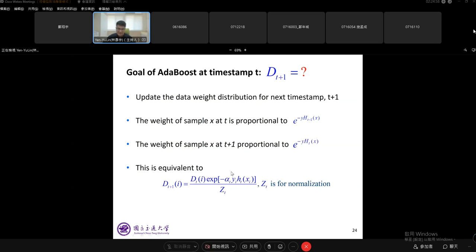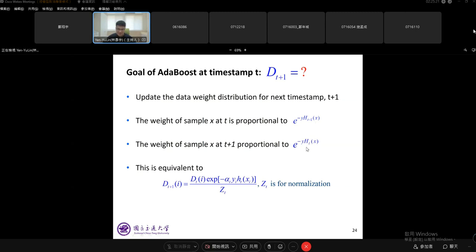Similarly, after the update using this equation, the resultant weight distribution becomes exponential of minus y times h_{t+1} of x.